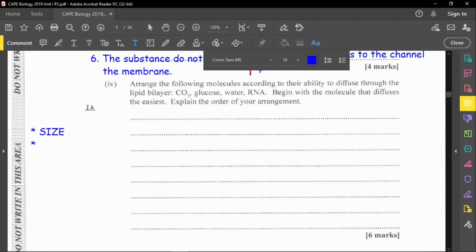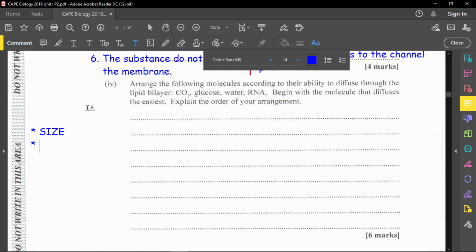Just to make a note that smaller molecules tend to diffuse faster than larger molecules. Gases also diffuse faster than liquids or solids. There's a reason behind that: gas has greater kinetic energy, so the molecules move faster by themselves and can diffuse faster.